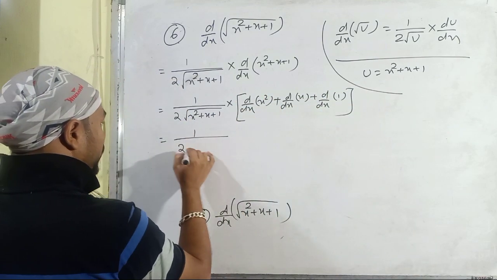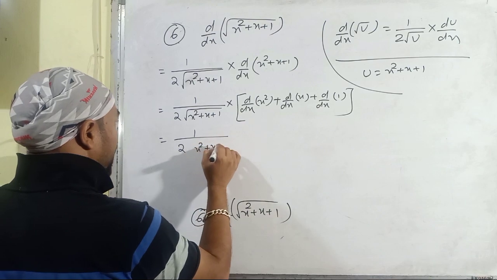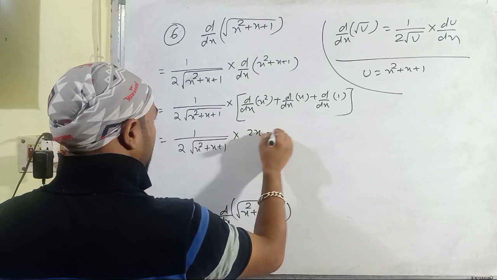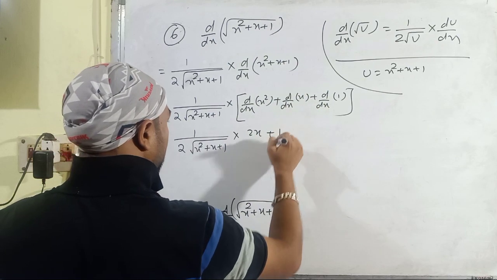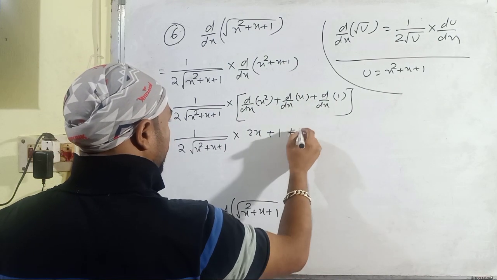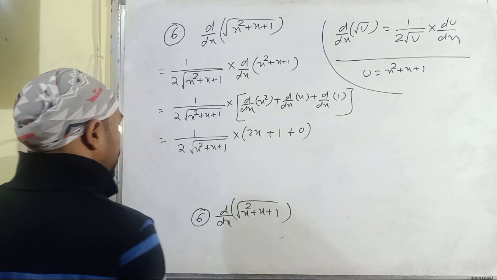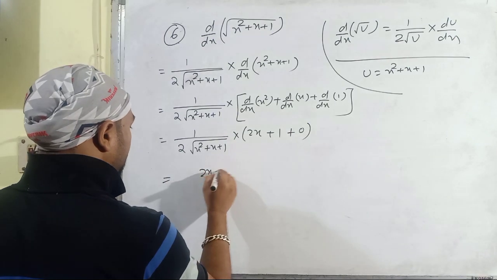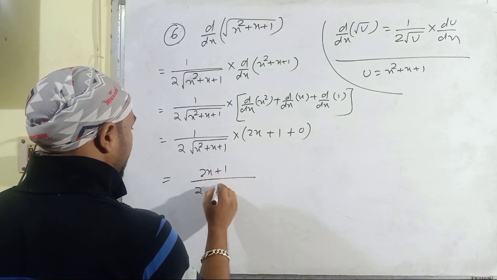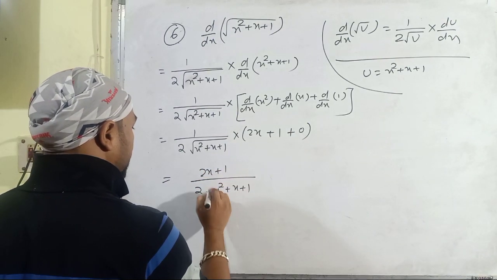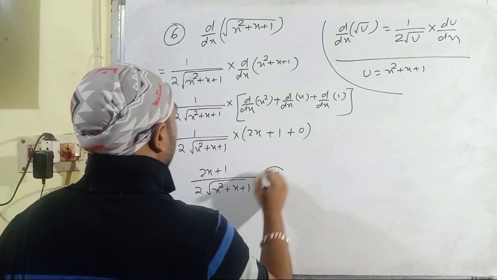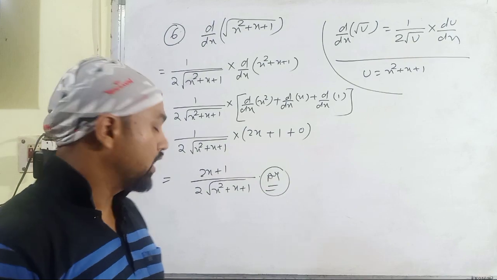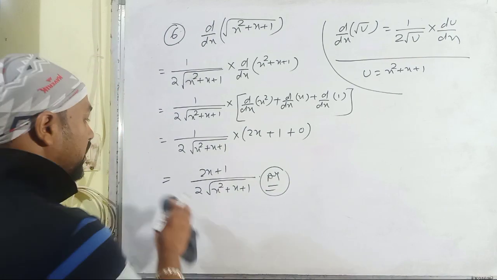Then by applying the standard derivative formulas, the derivative of x square with respect to x is 2x, plus derivative of x is 1, plus derivative of 1 is 0. So the required answer will be 2x plus 1 divided by 2 multiplied with the square root of x square plus x plus 1, which is the required solution for problem number 6. Then let us go through problem number 7 here.